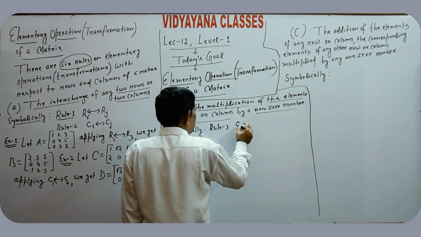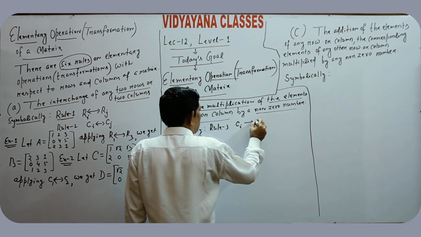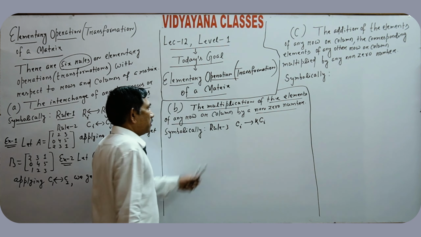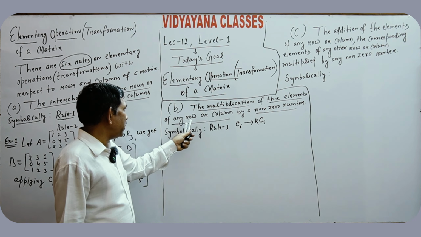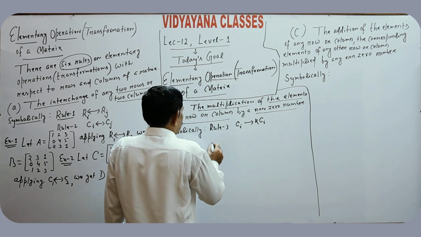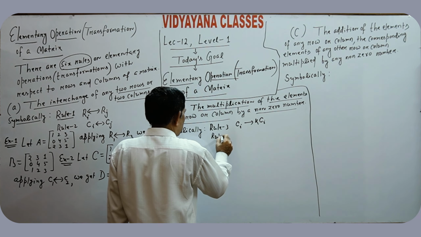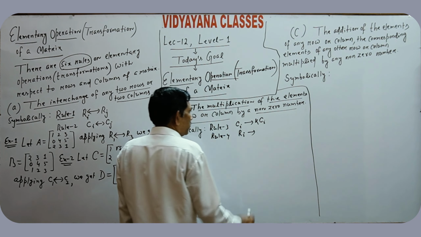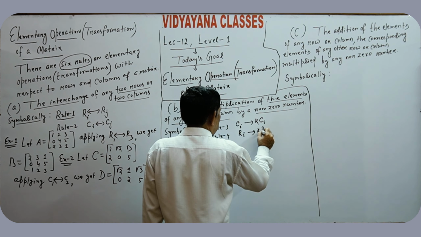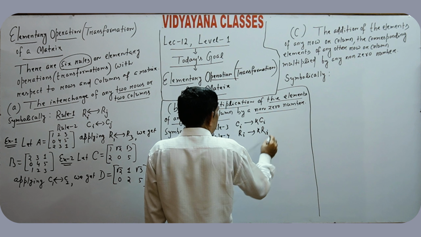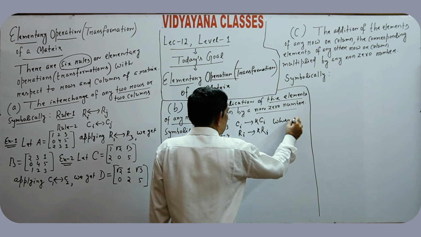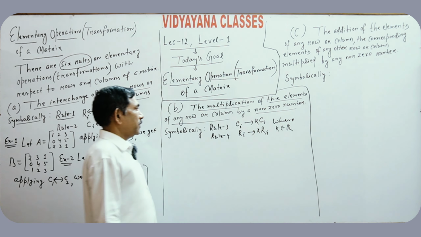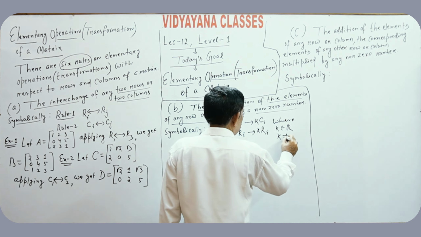Ith column is replaced by k times of ith column. Rule 4: ith row is replaced by k times of ith row, where k belongs to R, that means any real number, k not equal to 0.